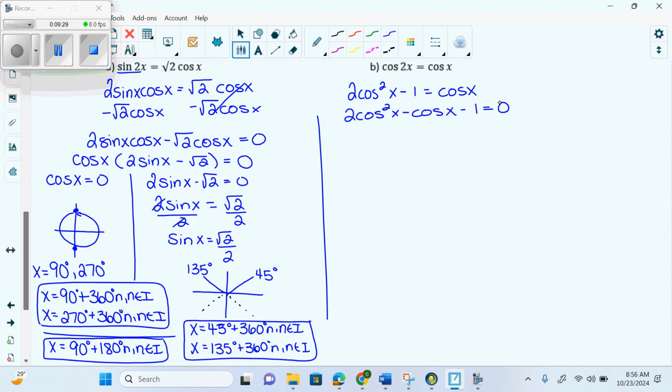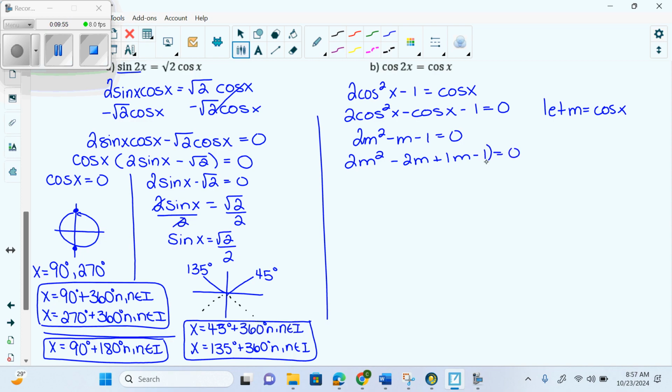Okay, so we can either factor it with the cosines in, or you can replace, correct? So we're going to let m equal cos x. 2m squared minus m minus 1 equals 0. What multiplies to be negative 2 and adds to give me negative 1? Yeah, negative 2m plus 1m minus 1.